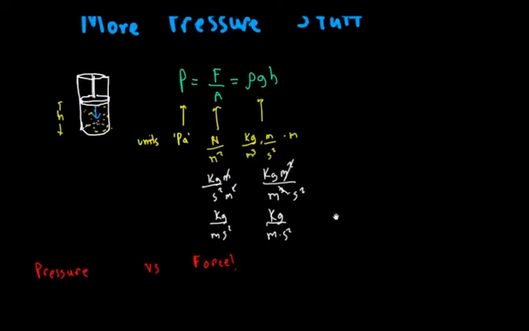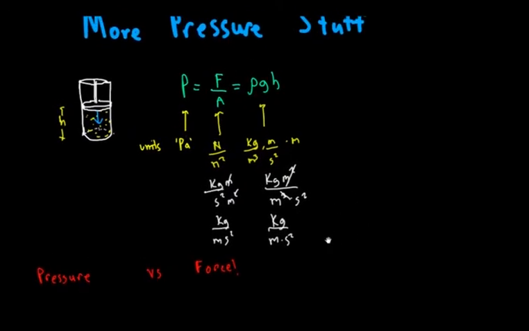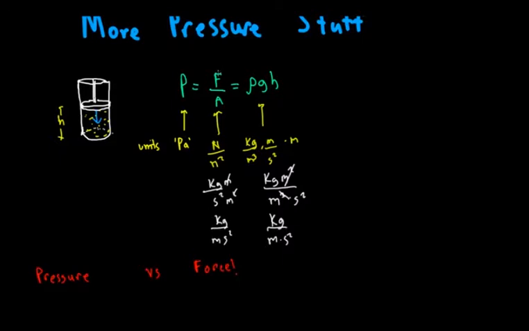Okay, and the important thing to remember is that pressure is related to height, gravity, and density. And it's also related to force. Remember that force is a vector, right? It has magnitude and direction, so you can draw a force arrow. But pressure, for one weird reason, is a scalar.